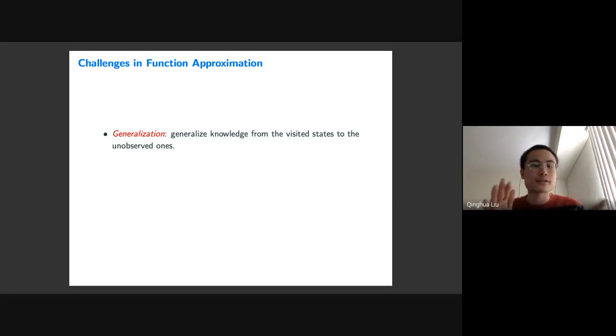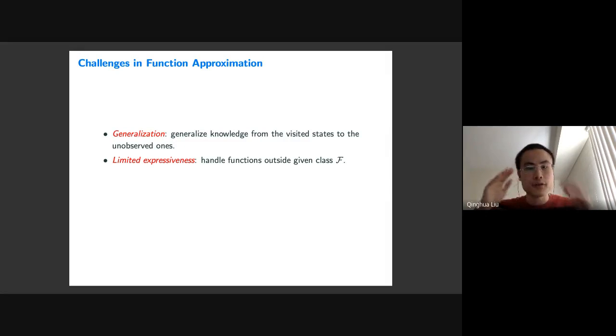And of course, doing this function approximation introduces a lot of new challenges. The first is, as we said, most of the states are not visited even once. So we want to have a mechanism so that we can generalize knowledge from the visited states to the unvisited states. And also, because we assume we have some function class, our expressiveness is limited. The function class we pick definitely should not include all functions over the state action space.